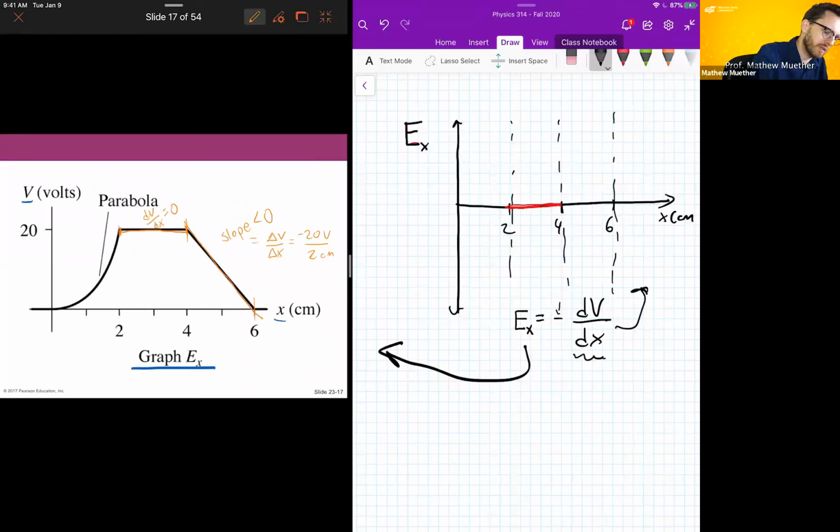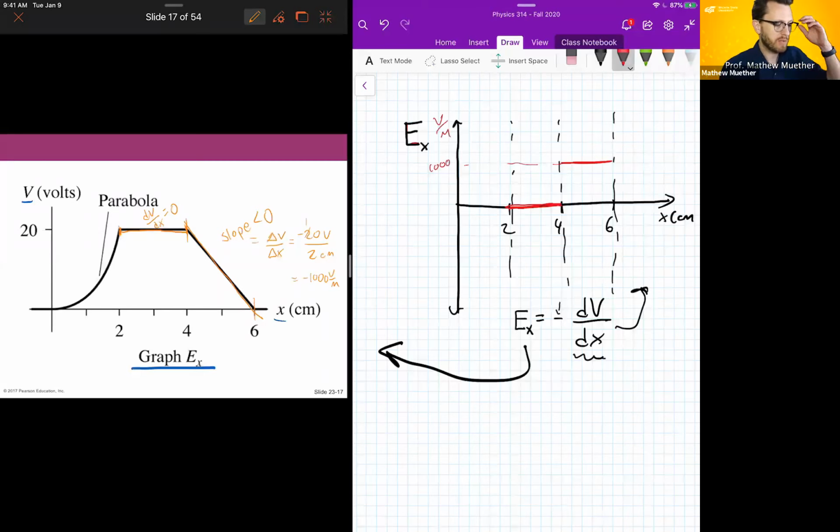So the 2's are going to cancel out and I have a minus, so I'm going to end up with something that's like minus 1,000 volts per meter. Okay. So over here, I'm going to end up with something up here that's again positive 1,000 volts per meter.